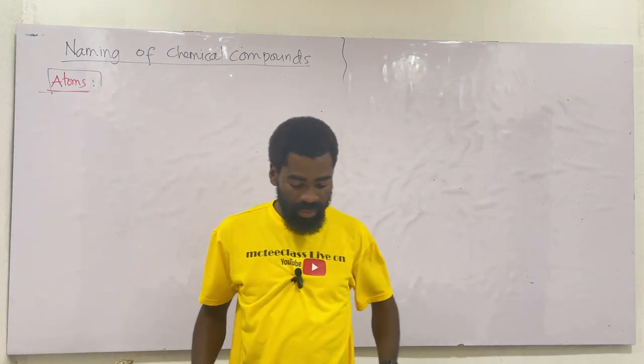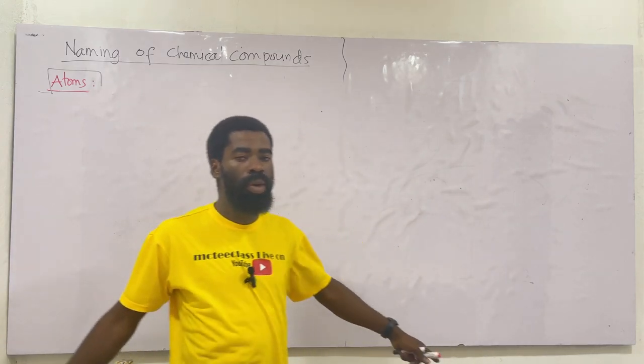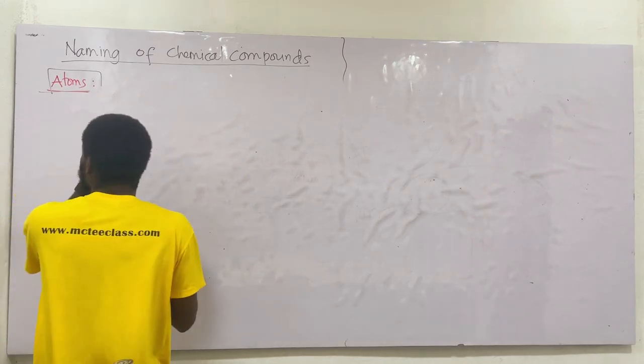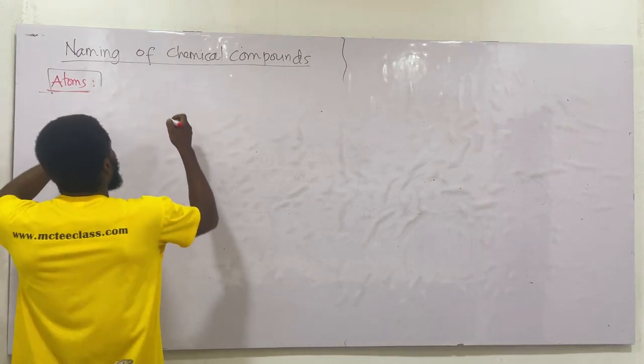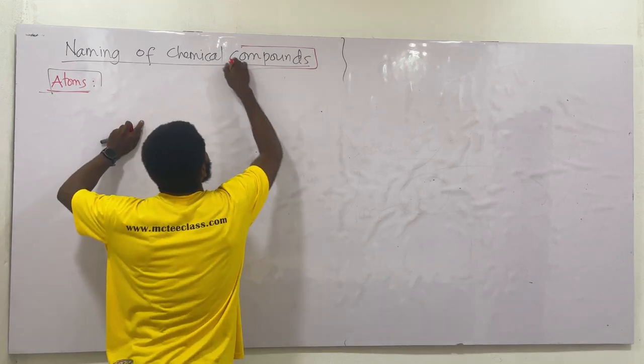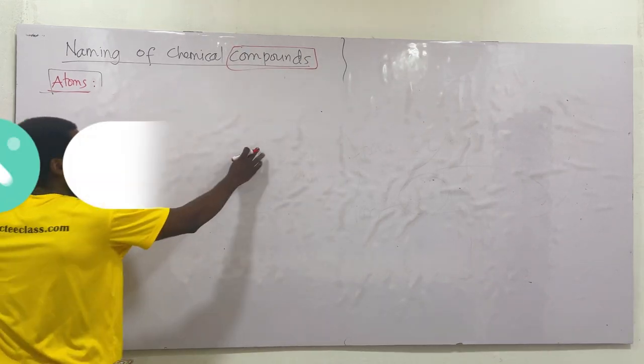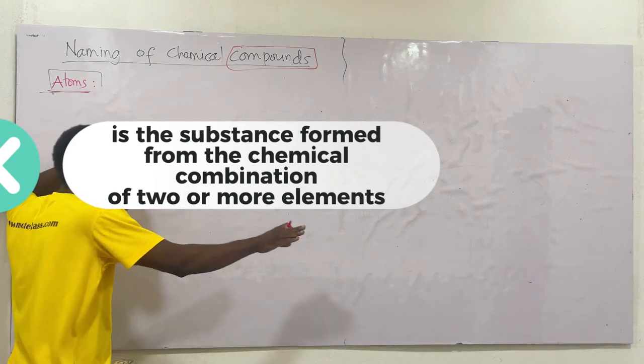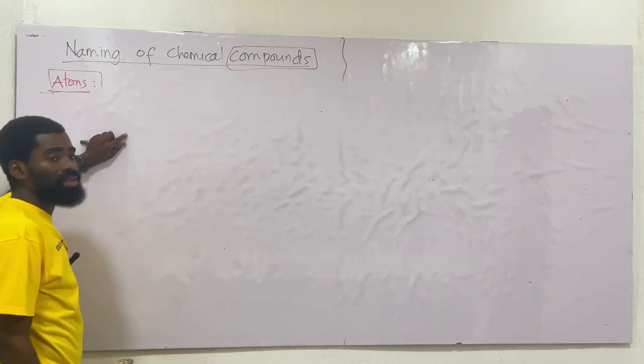A compound is a substance formed by the chemical combination of 2 or more elements. I still like to use NaCl to demonstrate how we form compounds. So we say a compound is formed from the chemical combination, and that chemical combination is when there is the exchange of the valencies.